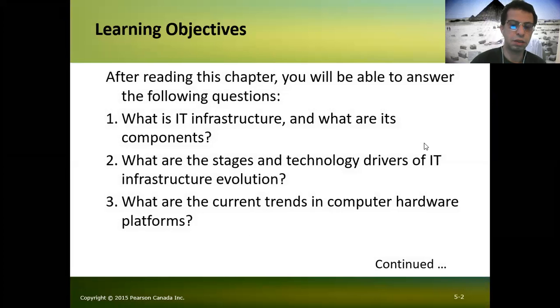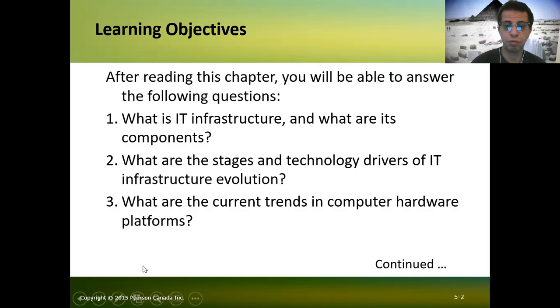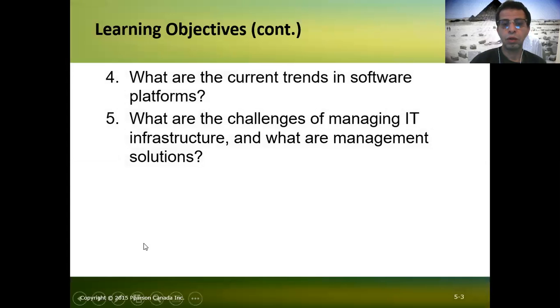What are the stages and the technology drivers of the IT infrastructure evolution, and what are the current trends in the computer hardware platform? We're also going to discuss what are the current trends in the software platform, and what are the challenges of IT infrastructure and what management solutions.